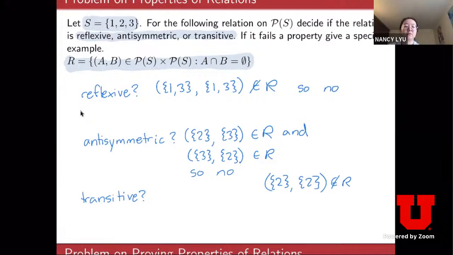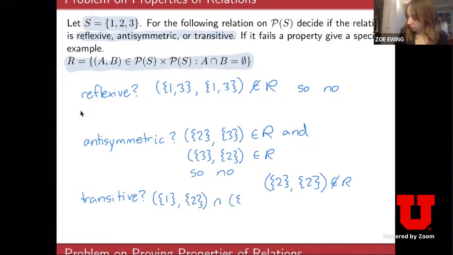So did anyone find an example of a relation that would not be transitive? So let's just take (1, 2) and (2, 1) related. This is a lot of curly braces and parentheses all mixed together.